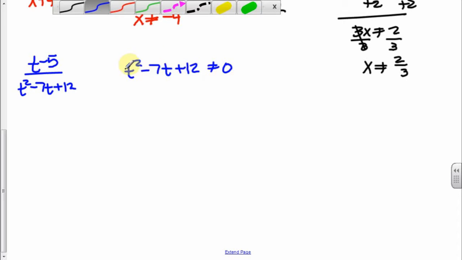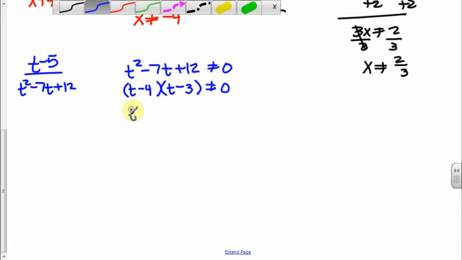You should remember that to solve this, you have to factor this first. I'm sure you did that. Okay, good. So you're going to factor this trinomial just like we just reviewed. t and t. And then factors of positive 12 that add to be negative 7 are negative 4 and negative 3. And then, of course, we set each one of those equal to 0 and solve. In this case, we're setting them not equal to 0.